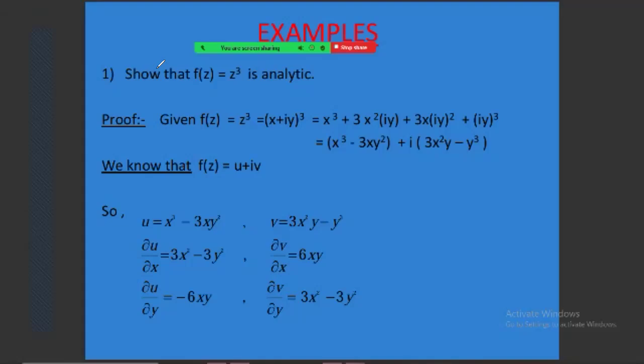It is x plus iy, the whole cube. So now I am going to use the formula a cube plus 3a squared b plus 3ab squared plus b cube. Instead of a, here x, and instead of b, iy. Just substitute all these values and separate the real and the imaginary parts.